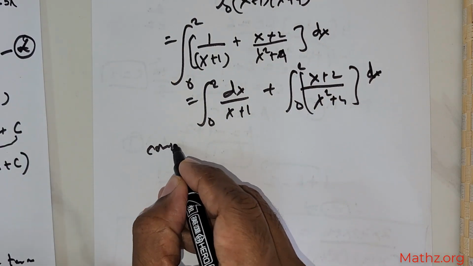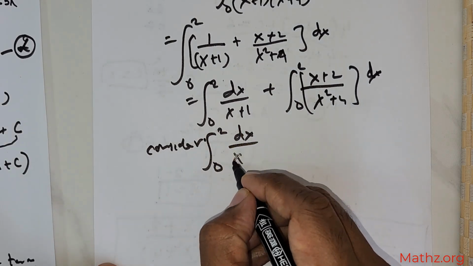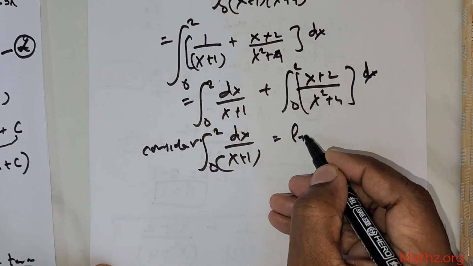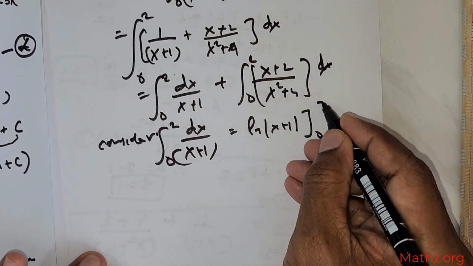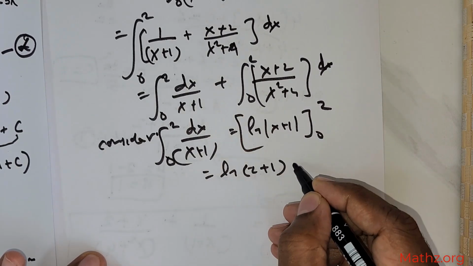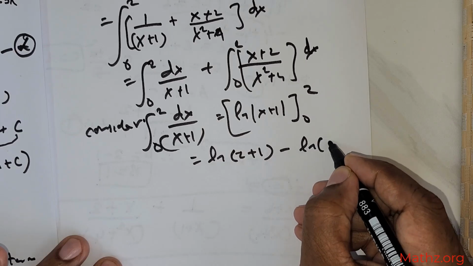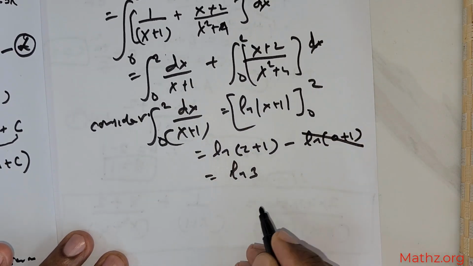Now you consider the integral from 0 to 2 of dx over x + 1. Now this is nothing but ln of (x + 1). Limits are 0 to 2. You substitute the upper limit, you get 2 + 1. Minus, substitute the lower limit, 0 + 1. Now ln 1 goes off, giving you ln 3.